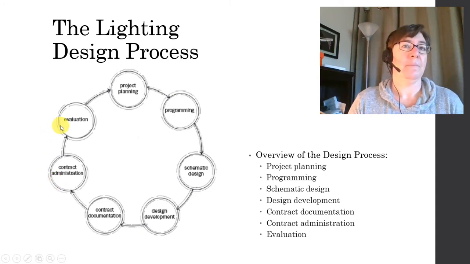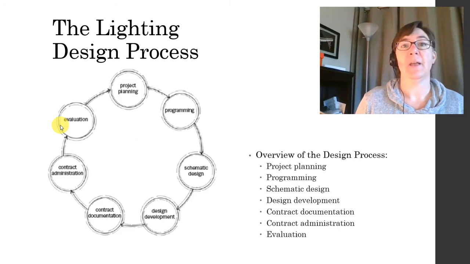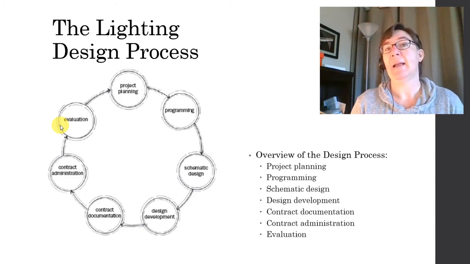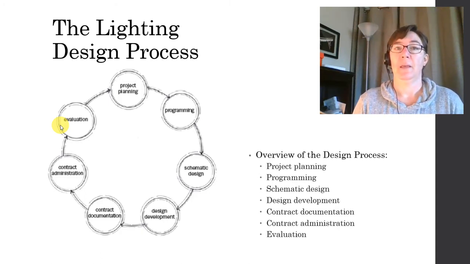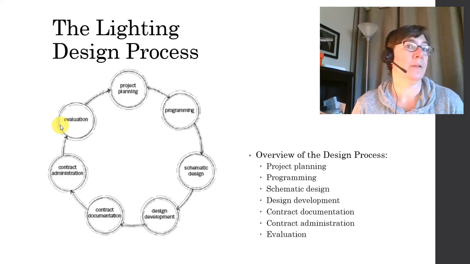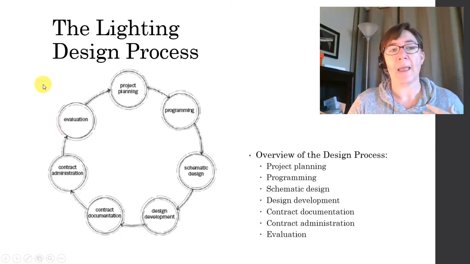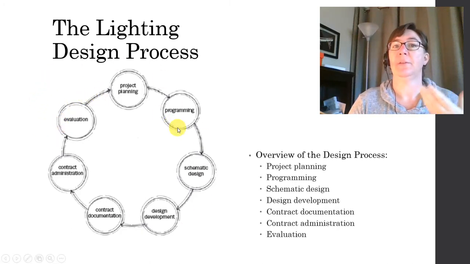And finally, your textbook throws this in, but this is a really good reminder that after the project is done, you need to take a look back and evaluate your design and your business processes and see where you can improve. And I think that's why your text shows this as a circular process.